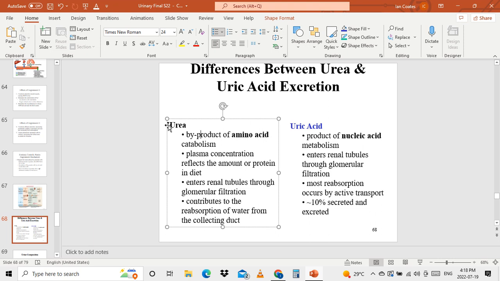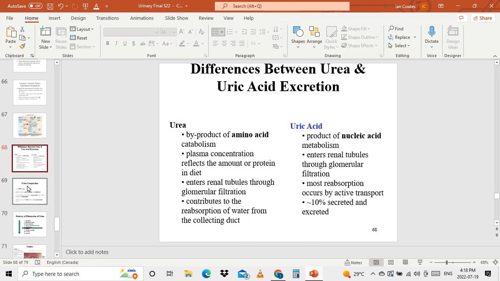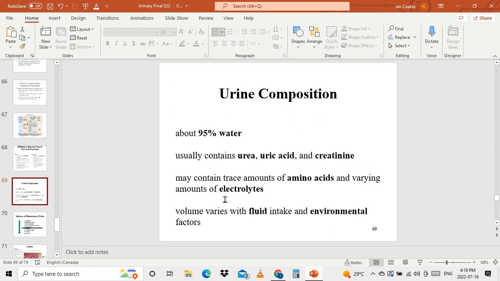So the birthplace of organic chemistry started with urea. All right, urine composition, about 95% water, usually contains urea, uric acid, creatinine, may contain trace amounts of amino acids, electrolytes, but no glucose. Volumes vary with fluid.